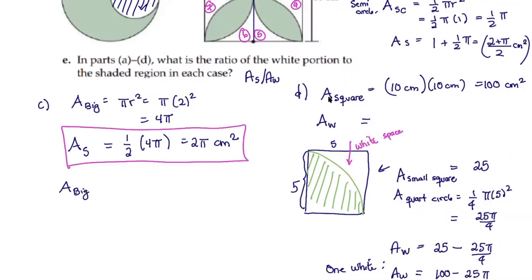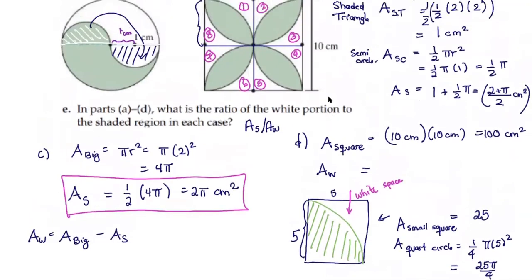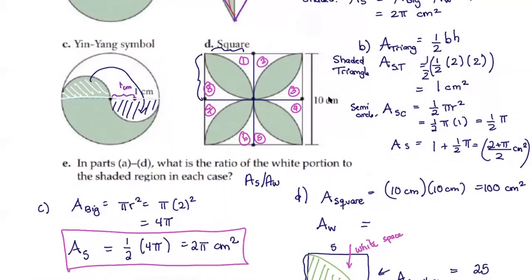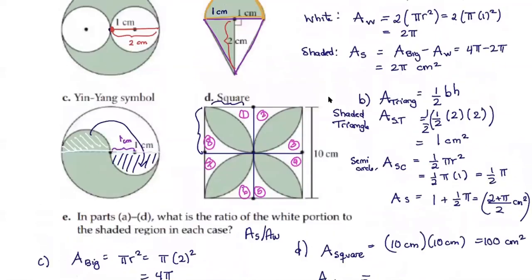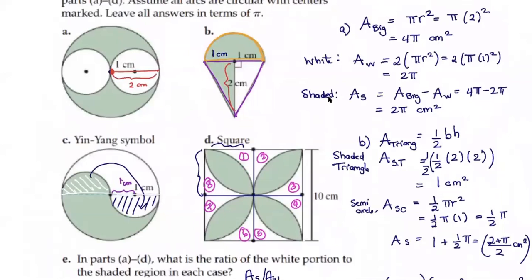And if you wanted to find the white space, you would say A white is going to equal A big minus AS, and that will give you the area of the white space. In the other examples, we had the area of the white space found quite cleanly. And so you would just take AS and divide it by AW.